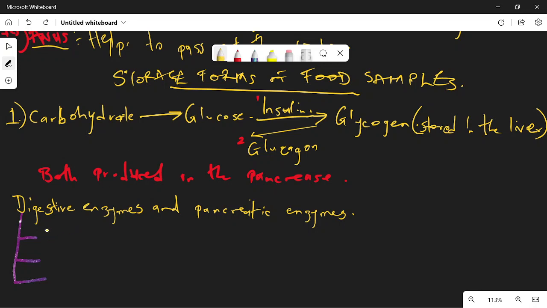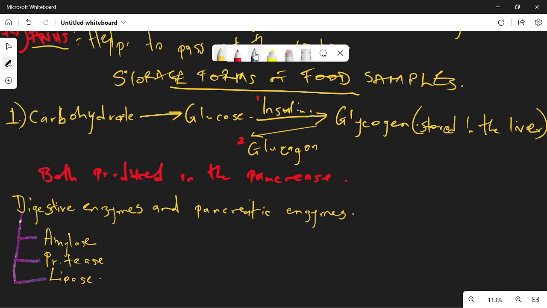Number 1, the amylase. Number 2, the protease. And number 3, the lipase. So those are digestive enzymes produced in the pancreas.